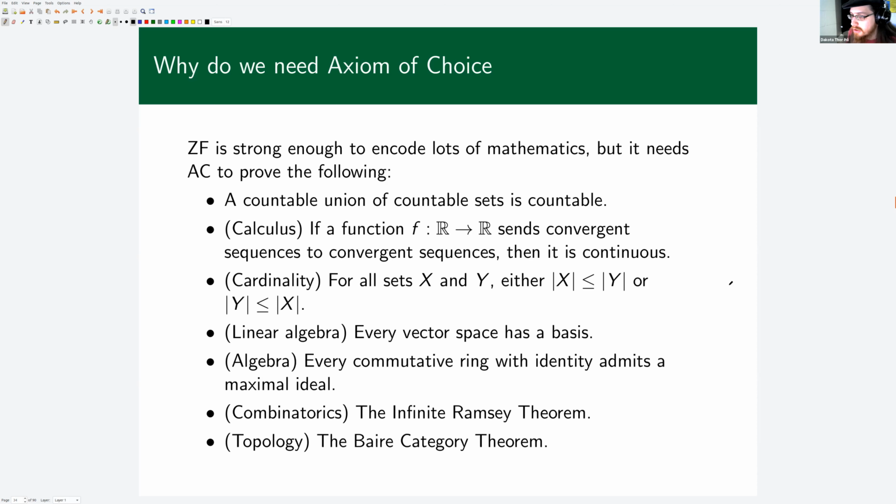And actually, you can measure how strong each of these statements is. It turns out that these three are actually equivalent to the axiom of choice, meaning if you assume any one of them, you can prove the axiom of choice as a theorem and vice versa.